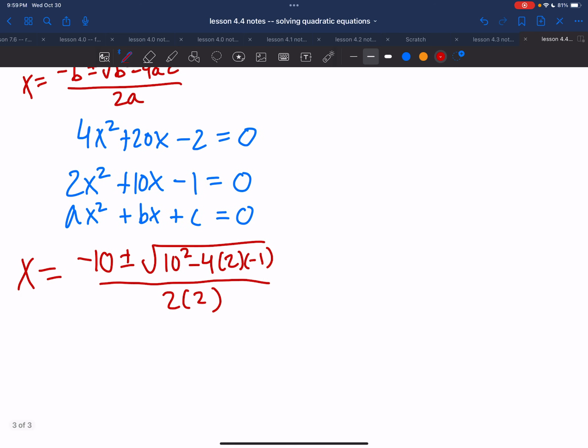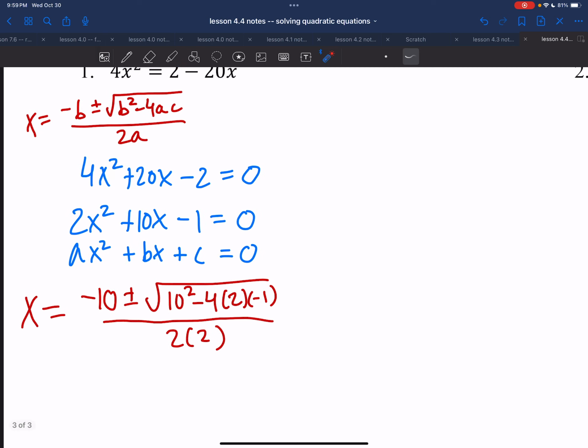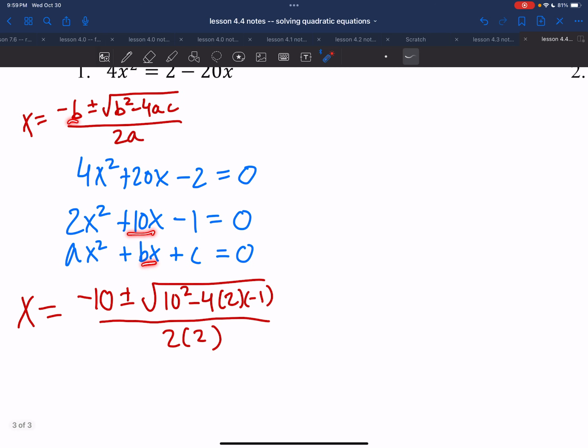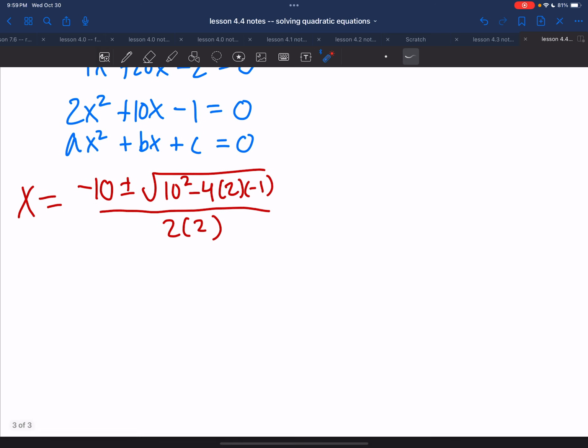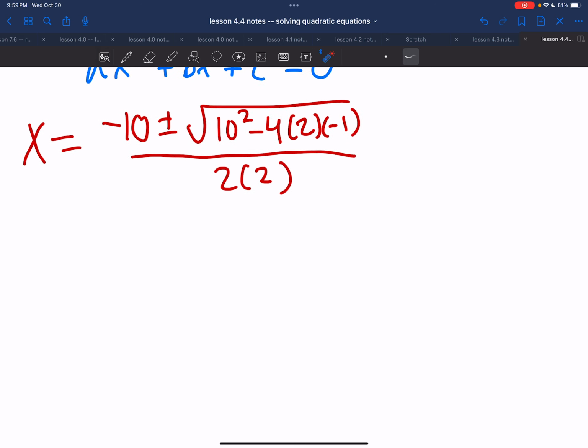This is just from literally replacing a with 2, b with 10, and c with negative 1. So that b is this b, and that's just 4, that's a and c. And that's where all these substitutions came from. If you need to pause the video and review how I did that.